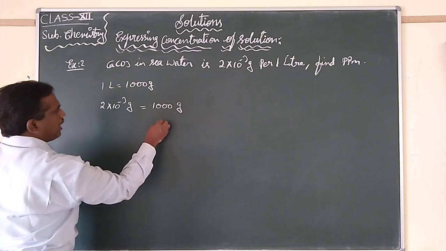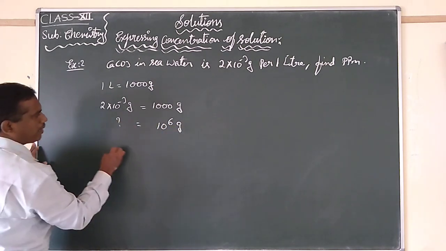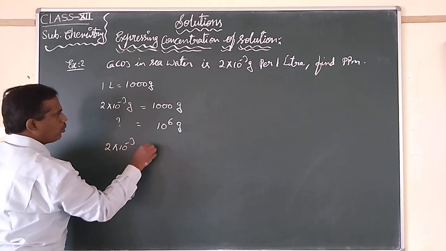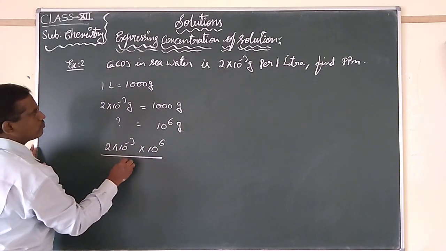Then for 10 to the power of 6 grams, how much of the compound will be present? 2 into 10 to the power of minus 3 into 10 to the power of 6 by 1000.